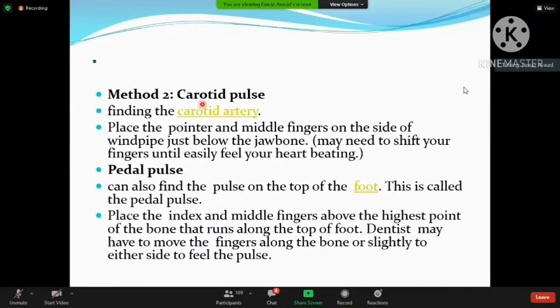Even the carotid pulse and how we are going to find the carotid artery. All this is in the extra-oral examination, in addition to the pedal pulse. Pedal pulse, how we are going to find the pulse on the top of the foot.